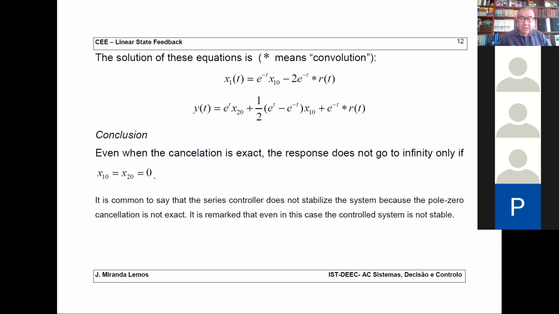There is also this story that if you do pole-zero cancellations, you reduce the order of the system. So there is an interplay here between the order and what is inside the transfer function. And again, we are going to see that this is related to these concepts of controllability and observability. Okay.